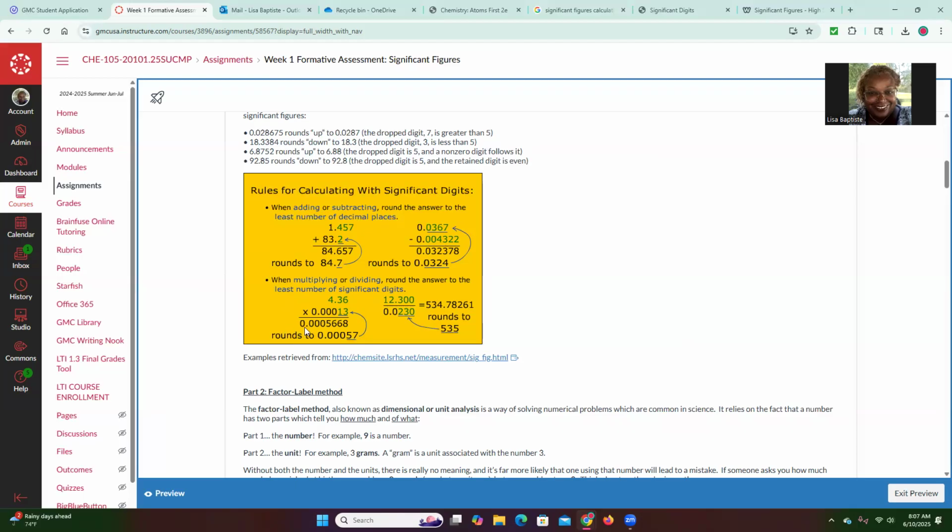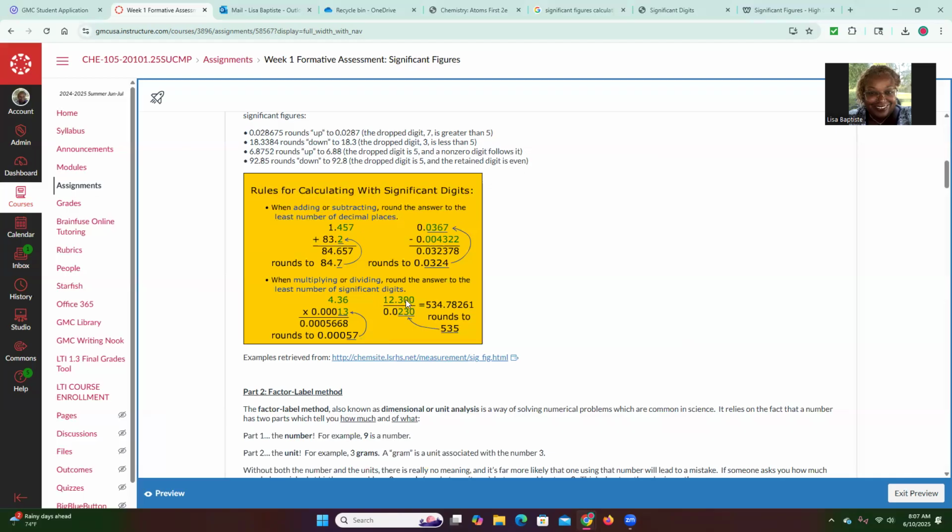When we multiply, we get 0.0005668. We want to round to two significant figures. Remember, those leading zeros are not significant. So we get 0.00057, right?